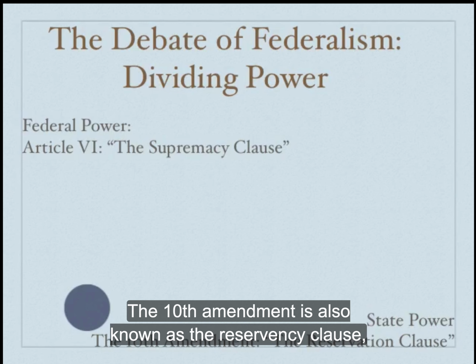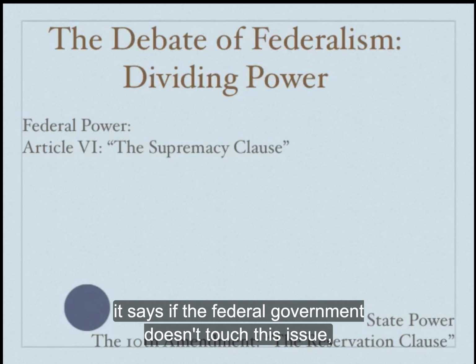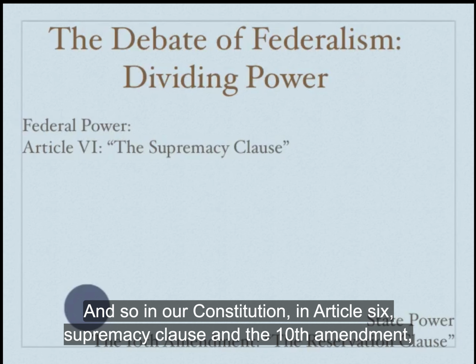The 10th Amendment is also known as the Reservancy Clause because it establishes a context whereby essentially it says if the federal government doesn't touch this issue, it is reserved for the states to decide.